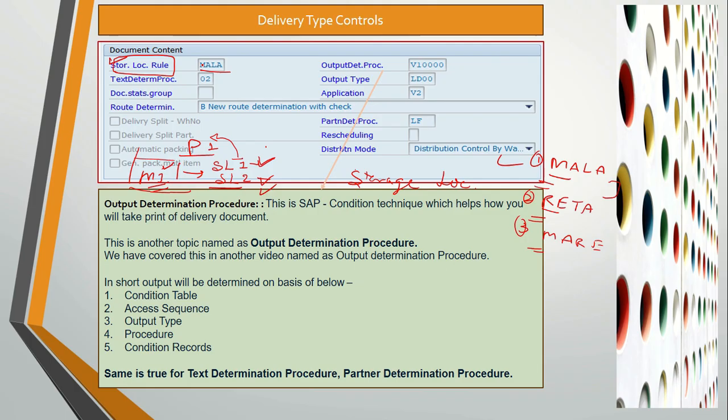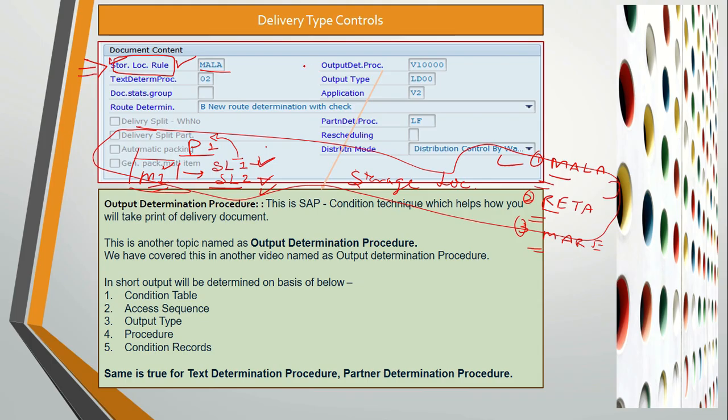Why are we discussing storage location determination here? Because this field tells which of the many storage location determination rules is assigned for this delivery.